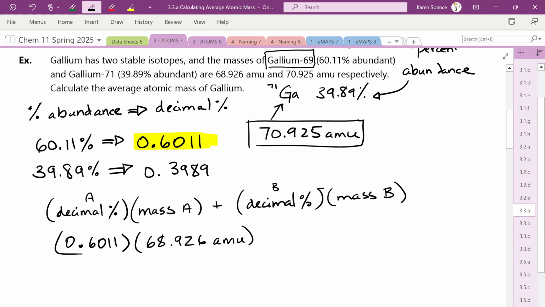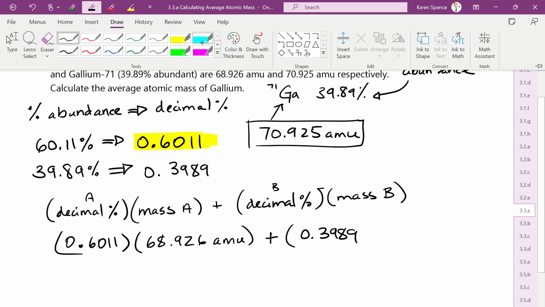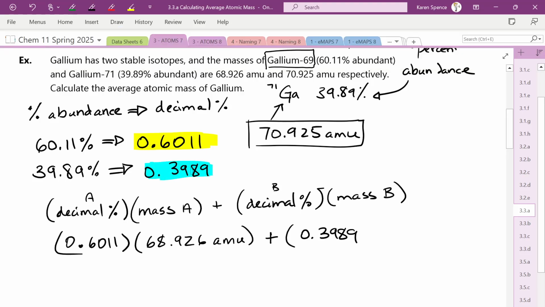And so that's A. And then we're going to add to it our other decimal percent, 0.3989. That goes with the gallium-71, which is this number here, times 70.925 AMU.